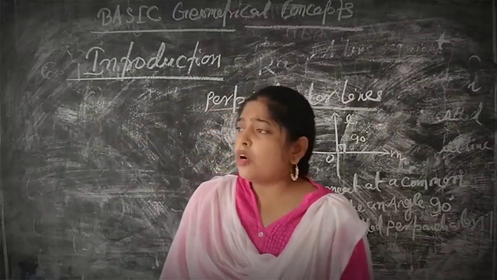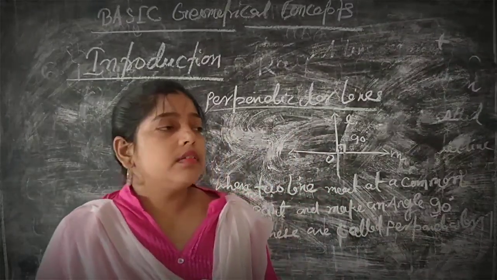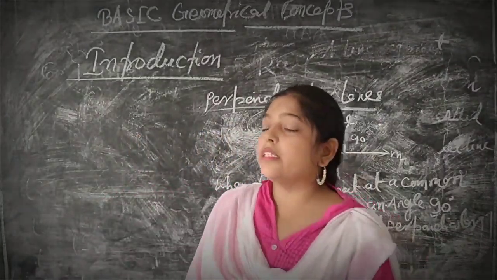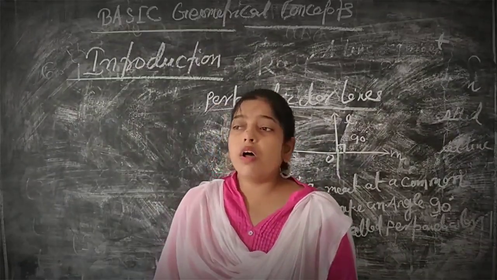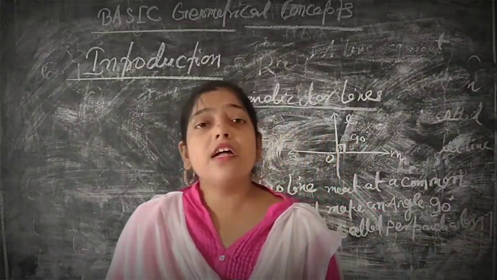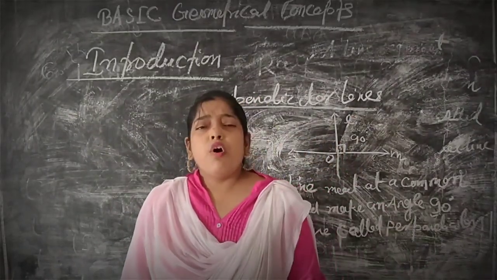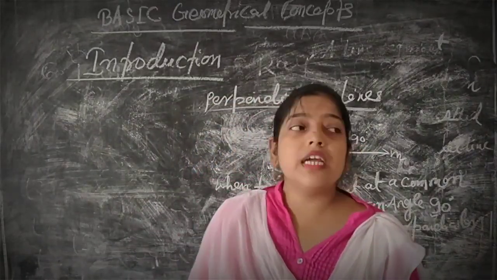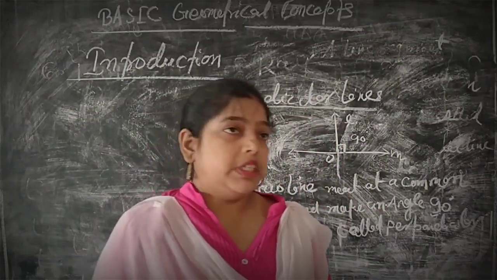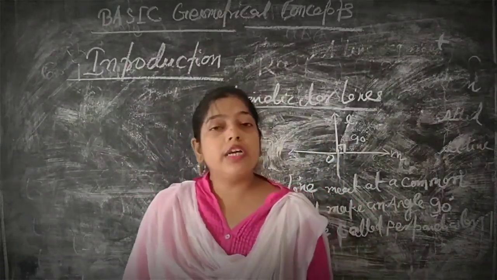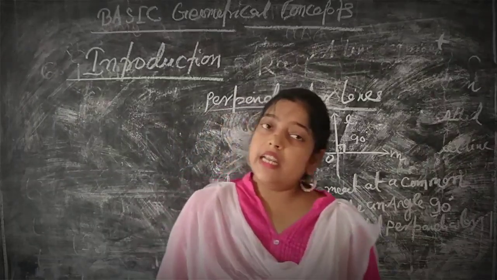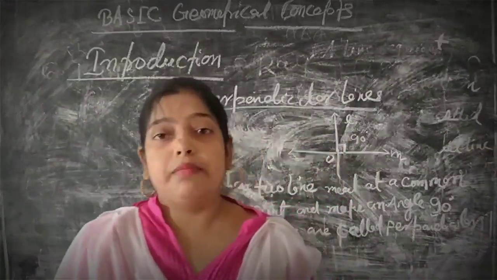So in the geometry section, square, rectangle, kite, rhombus are all made up of line segments. Why can we not say the circle is a polygon? Because a circle is not made up of line segments.